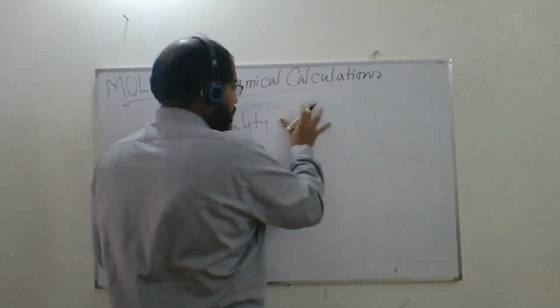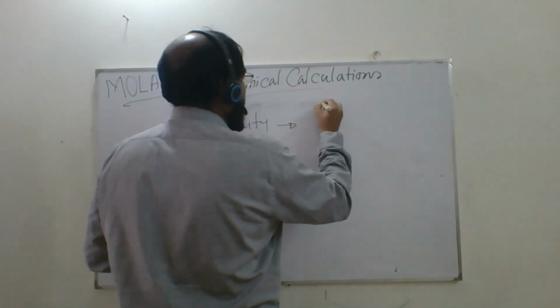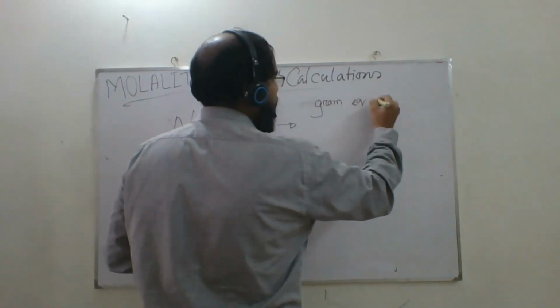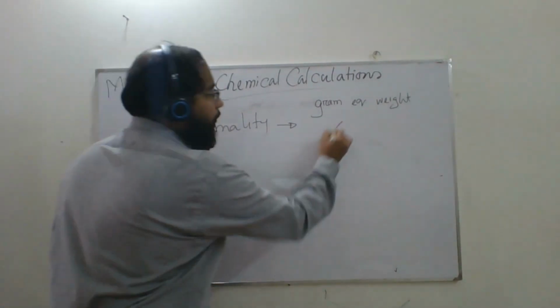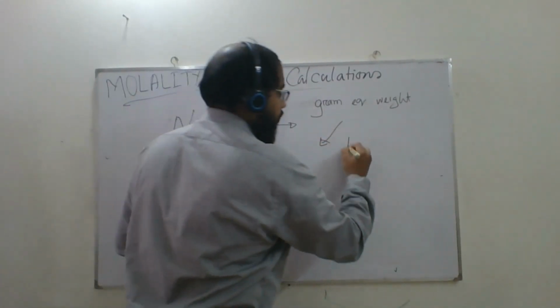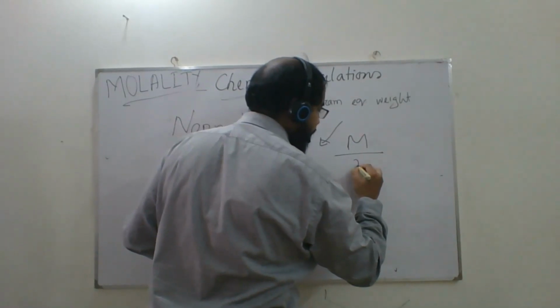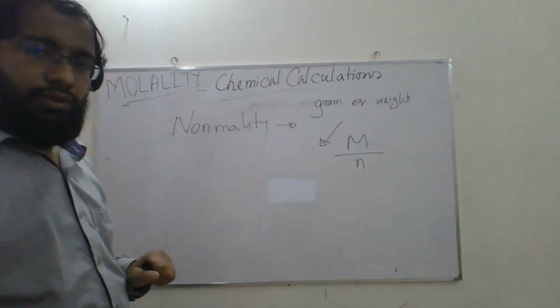We bring a new term which is gram equivalent weight. So what is gram equivalent weight? This is basically just divide your molar mass by the number of hydrogen or hydroxyl ions present.